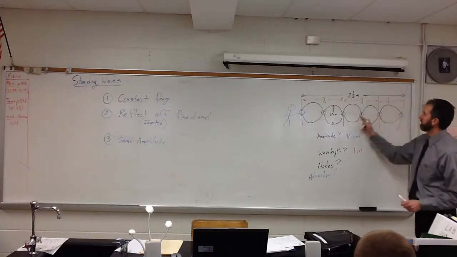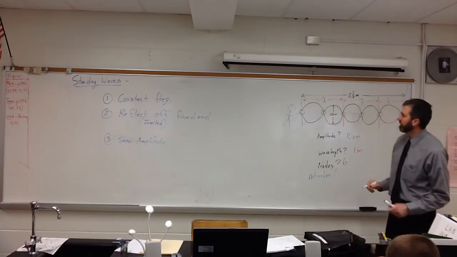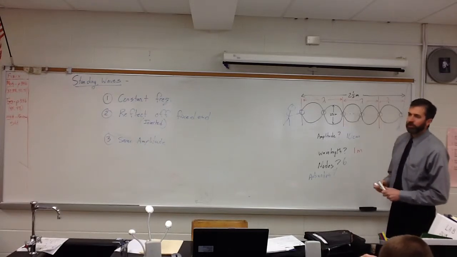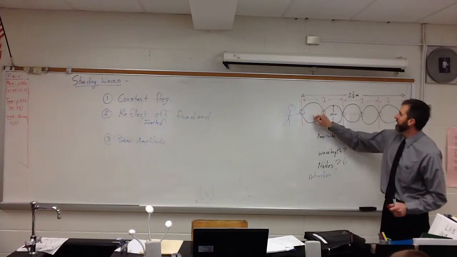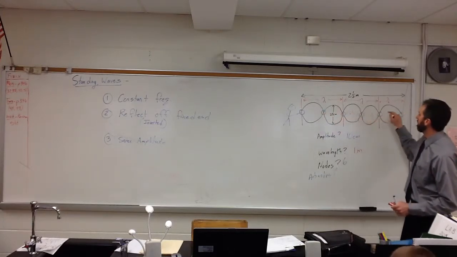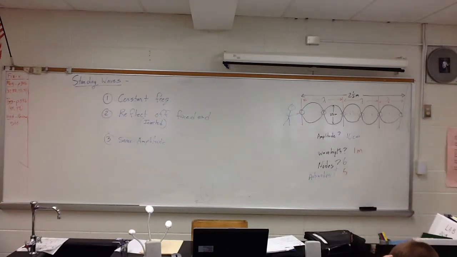So we got 1, 2, 3, 4, 5, 6 nodes. How many antinodes? The antinodes are the points where the wave looks like it's at two places at the same time. So we got an antinode here, here, here, 5. So this picture has 6 nodes, 5 antinodes.